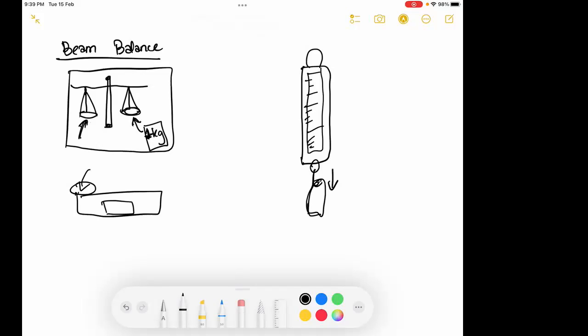So it measures the force with which it goes downwards, and then the scale will tell you the weight.